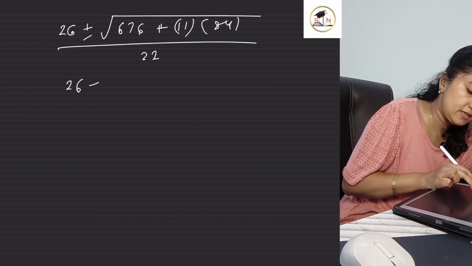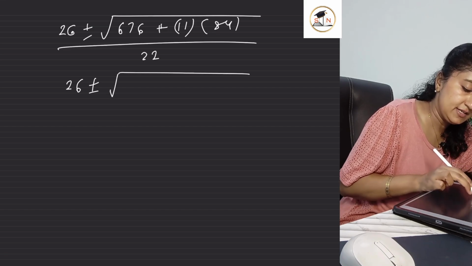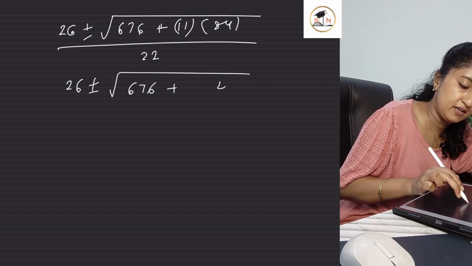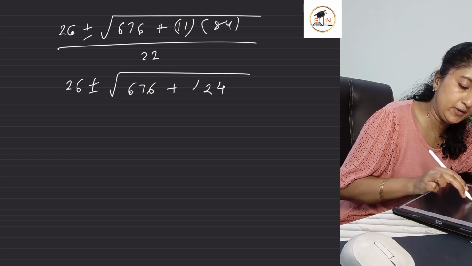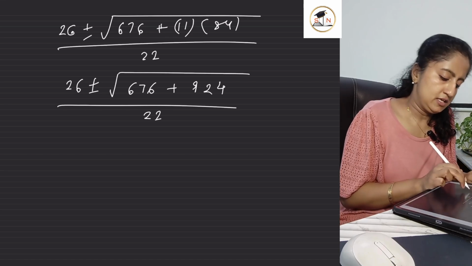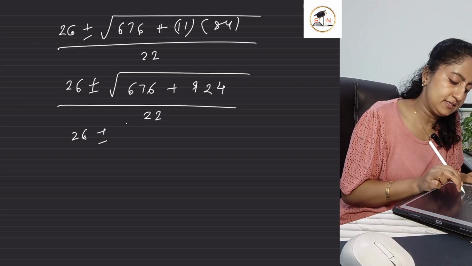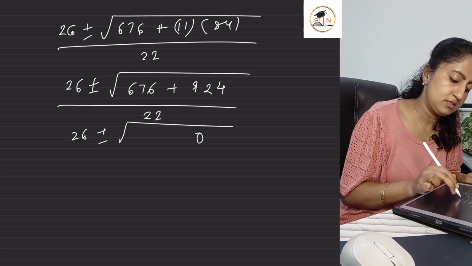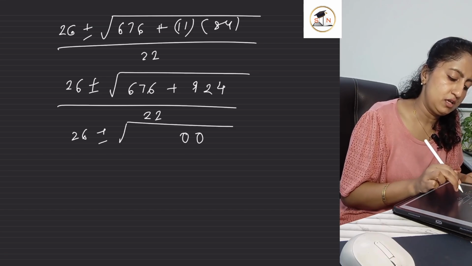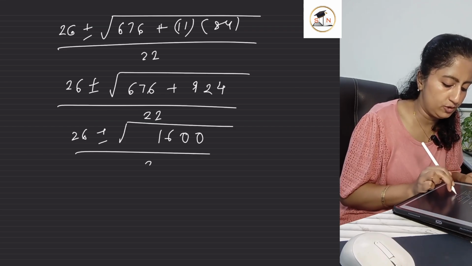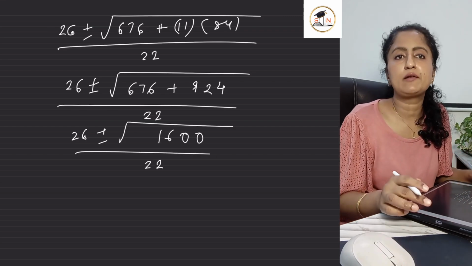So 26 plus minus square root of 676 and 11 times 84 is going to result in 924, upon 22. Next, 26 plus minus square root of 676 plus 924, that is 1600, over 22.